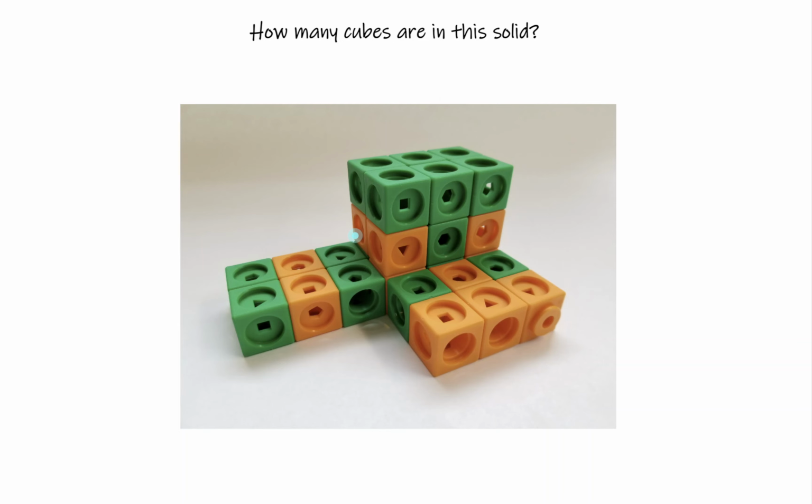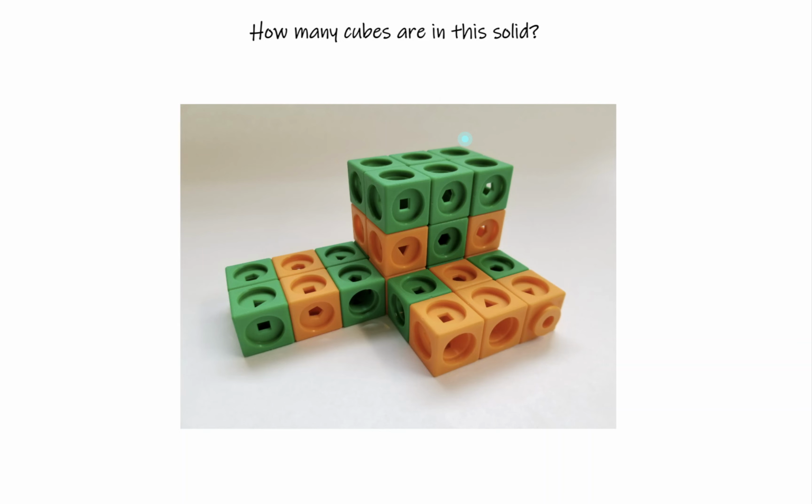Some students might instead slice this image vertically this way, seeing 4, 4, and 4, again for a total of 12 units in this component sitting on top. But then the next task is, on top of what?